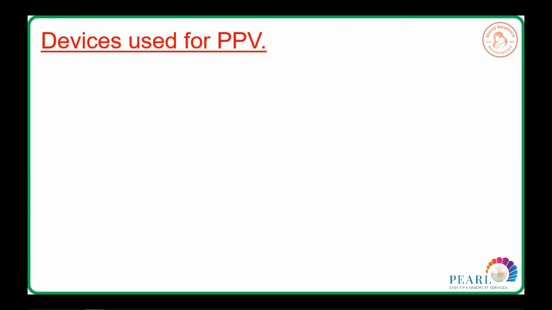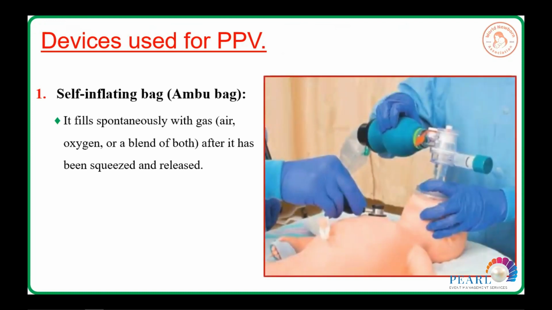Devices used for PPV: the self-inflating bag, Ambu. It fills spontaneously with gas, air, or oxygen, or a blend of both after it has been squeezed and released.